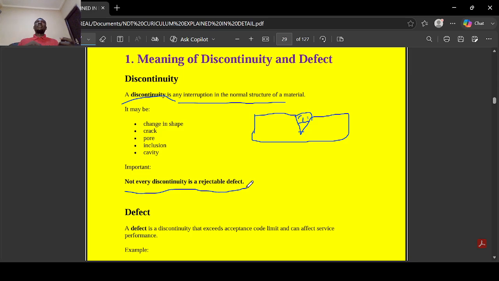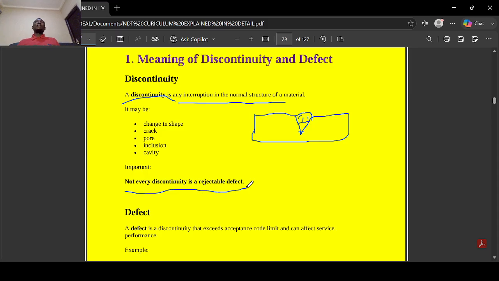That becomes a defect, because without that engine in proper order, it can break down the vehicle.